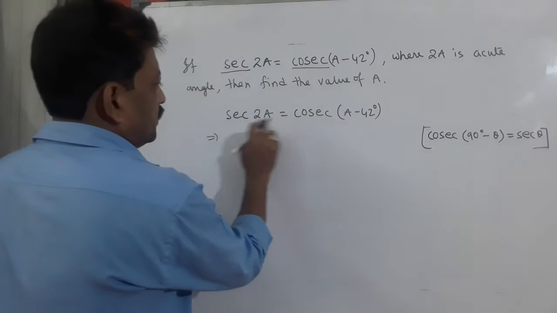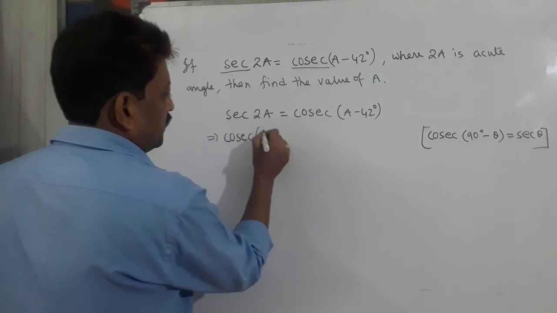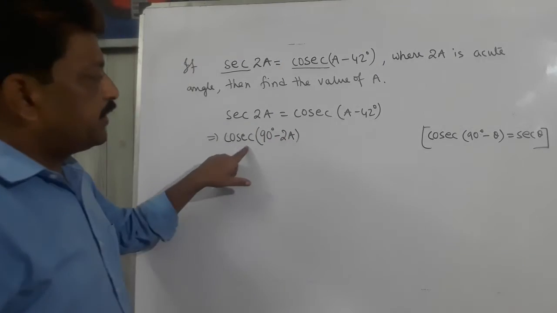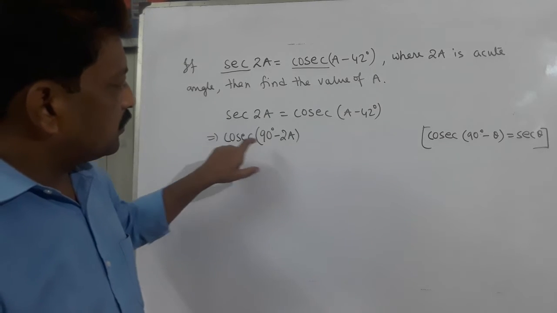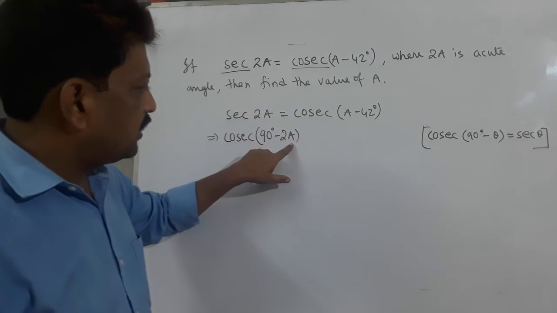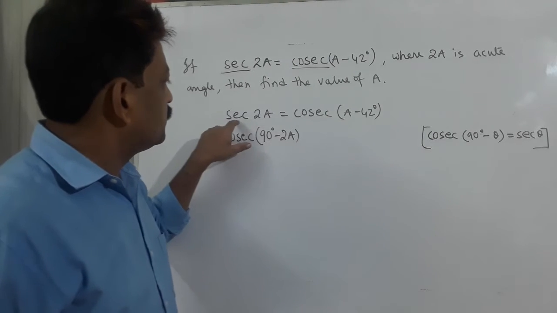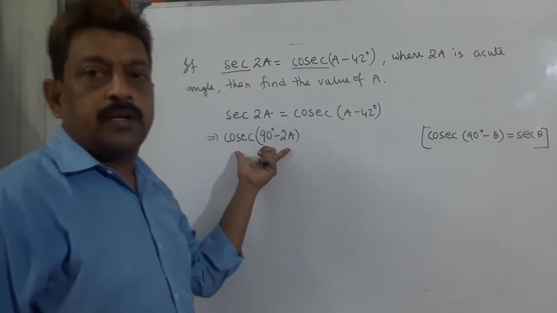So in place of sec 2a, I can write cosec 90 degrees minus 2a. Just compare this: cosec 90 minus theta equals sec theta, so your theta is 2a. Therefore cosec 90 minus 2a equals sec 2a. So in place of sec 2a, I can write cosec 90 minus 2a.